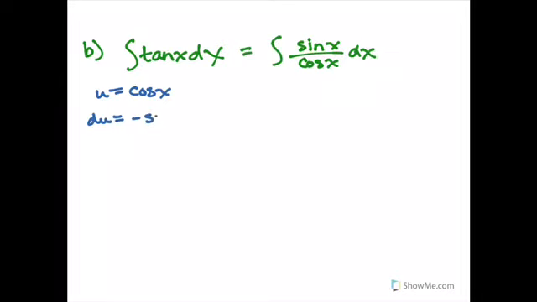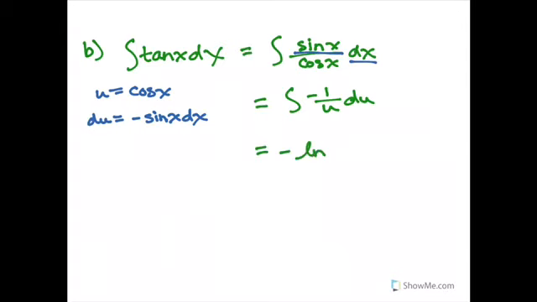Then du equals negative sine x dx. I see the sine and the dx. So our integral is going to turn into negative 1 over u du, right? Because the negative didn't cancel out, only the sine x dx. And so we will get negative natural log of, back substitute here, cosine x in for the u, plus c.